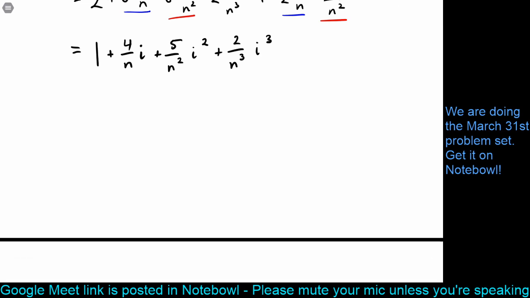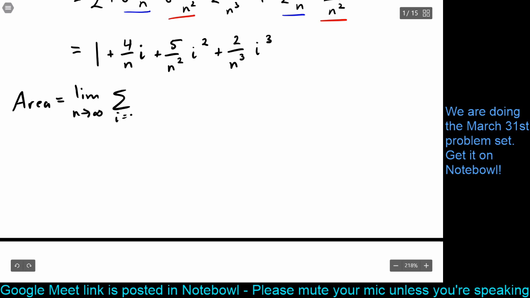So what we then need to do now is the actual area. This is going to be the limit as n goes to infinity. I'm just going to rewrite this sum real quick. Sum from 1 to n of f of x_i star delta x. All right, so let's plug in what we have.